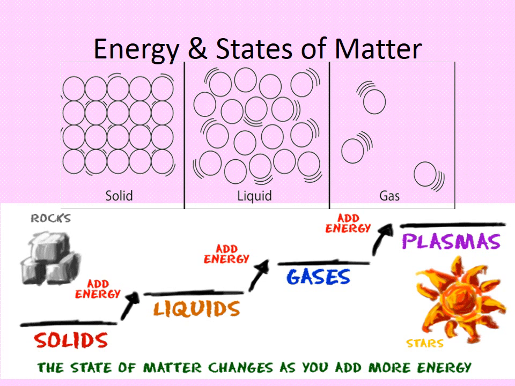So if you look at this little graphic here, we have solids all the way down there on the bottom left. And then it says that we add energy and go up to liquids. And then from there we could add energy and go to gases. And from there you could add even more energy and end up with plasma. And you see there's a picture of the sun over there. It says stars because remember the sun is a star, just like all the other stars that you see in the sky.